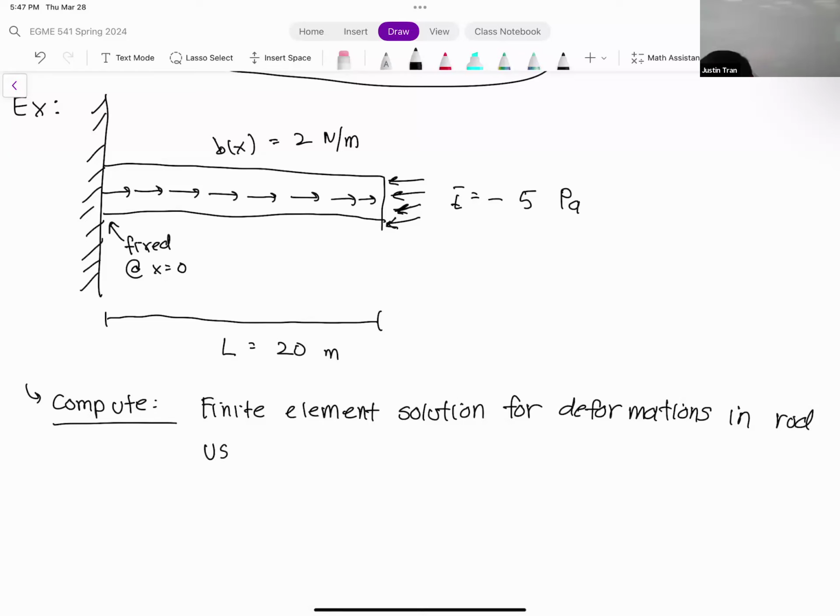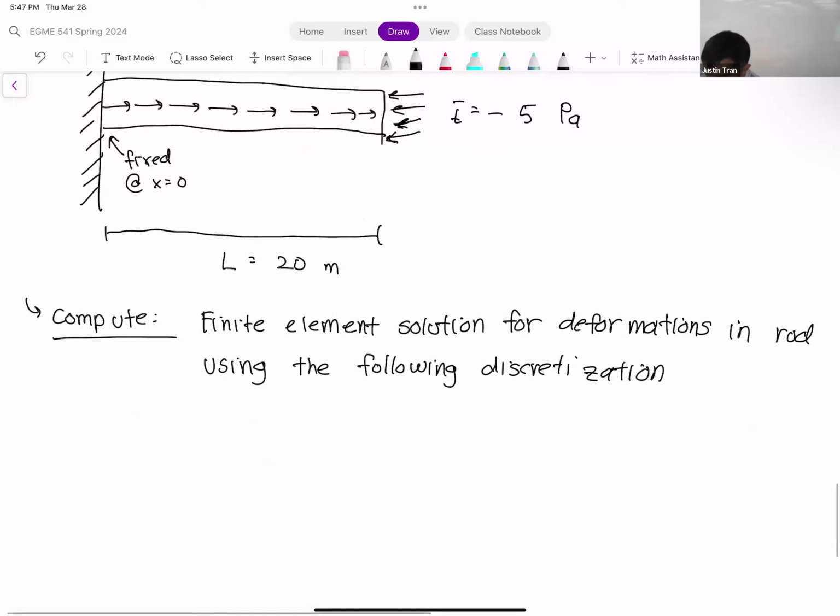And we're going to use the following discretization. The mesh for this problem is going to be given to us.